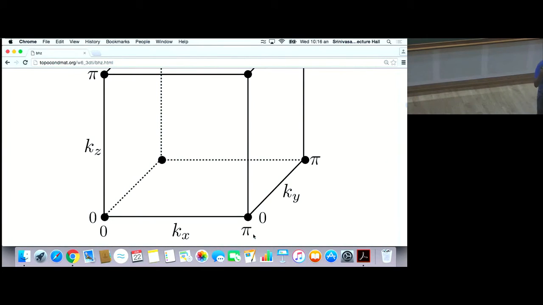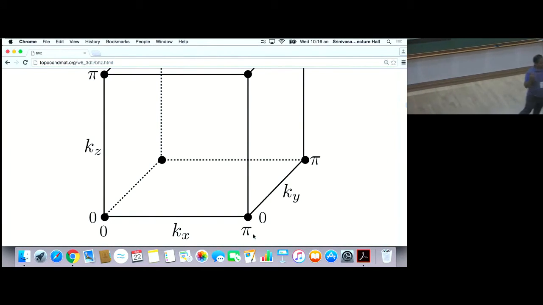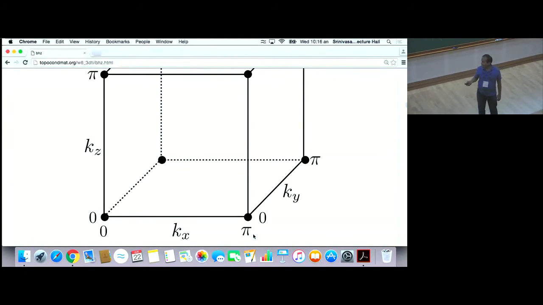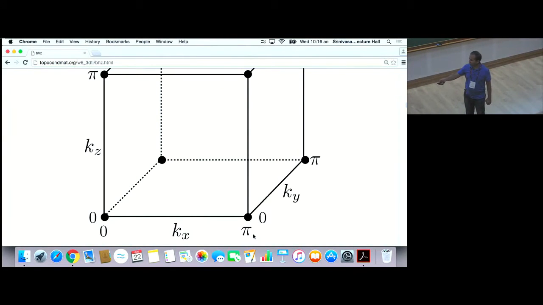How many odd orbitals are there? And I'll calculate the total topological invariant, this invariant Q, on this plane. And that can tell me whether this plane is topologically non-trivial.